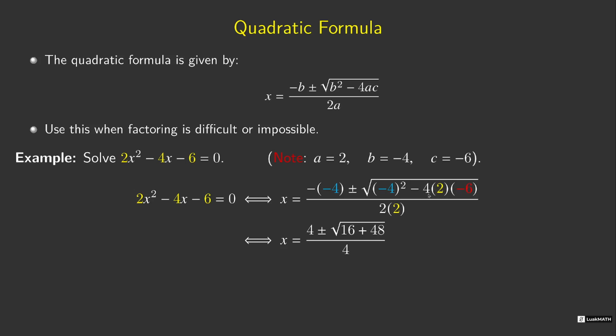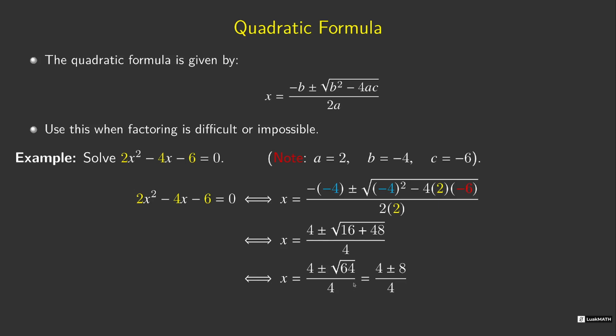So 4 times 2 times minus 6 will give you minus 48. But also there's a minus sign here. So this minus sign and this minus sign will cancel, giving you a plus here. So the whole thing will give you 16 plus 48 under the square root. Now the denominator, you have 2 times 2, and you get 4.